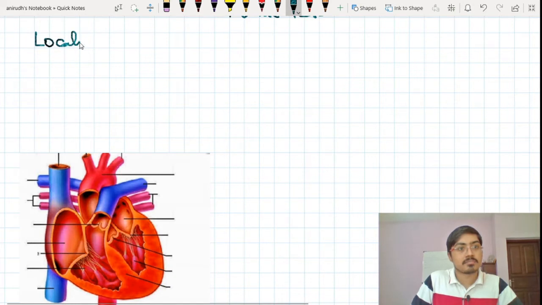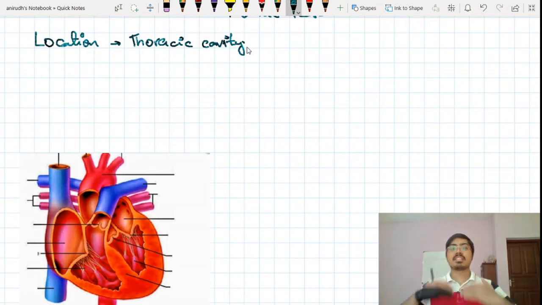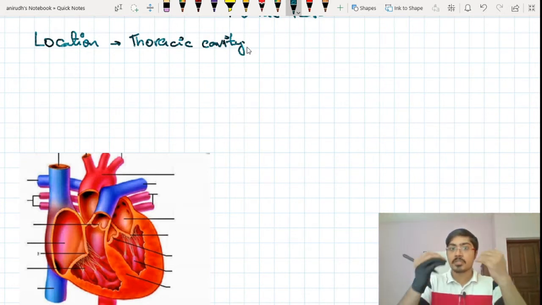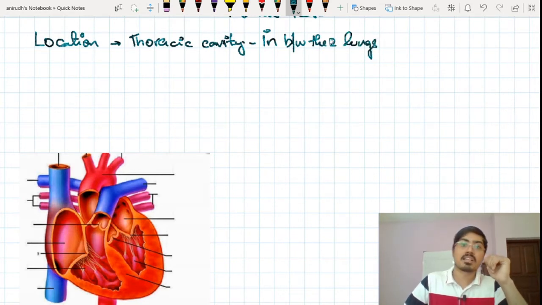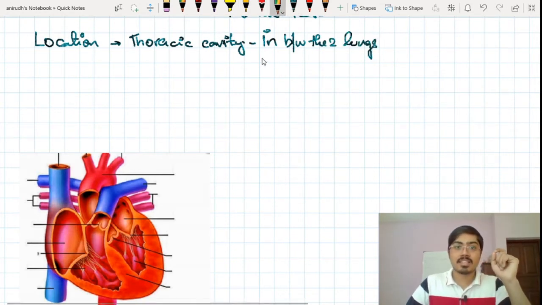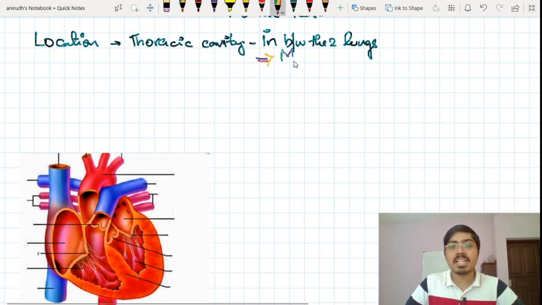Location of the heart. The location of the heart is inside the thoracic cavity, and you know what the thoracic cavity is, isn't it? Whatever lies below the neck is the thoracic cavity. This is my thoracic cavity, and I have two lungs here, right lung, left lung. So in between the two lungs lies my heart. Now, this space in between the two lungs is called the mediastinum.